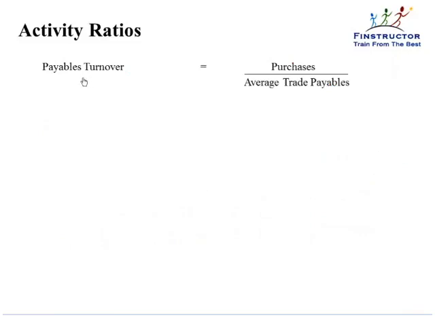The payables turnover similarly is calculated as the purchases made in the year upon the average trade payables. So let's take a similar example. If we had $100 worth of purchases that we did, that means we were supposed to pay $100. And if we have about $50 worth of payables, that means we've paid only about half the money, and half the money is still sitting on our balance sheet as a payable.